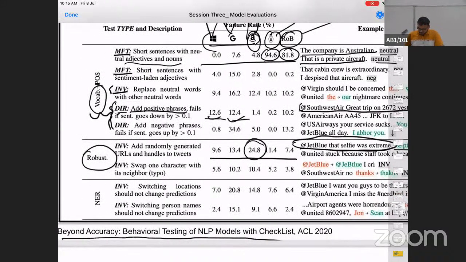Another capability is called NER, named entity recognition, right? Whether the models are able to understand that a given word is a named entity or not. You understand what a named entity is, right? Whether a given token is the name of a person, organization, place, location, and so on. So for that, they switch the location, and that should not change the predictions.